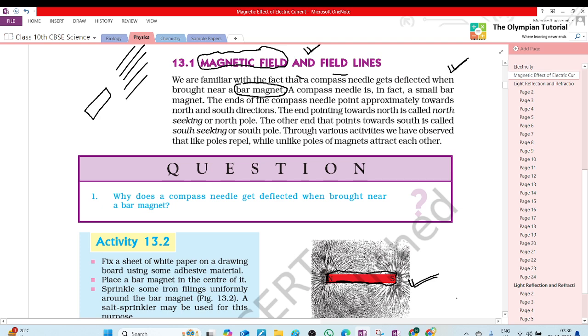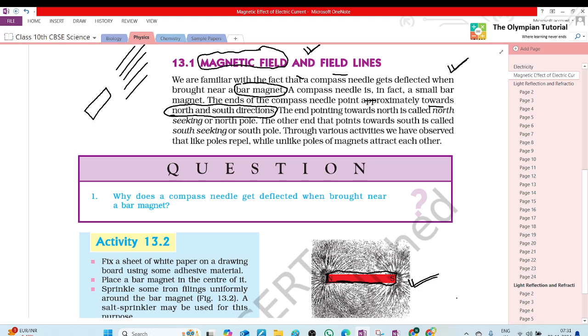So a compass needle also acts as a small bar magnet. The ends of the compass needle point approximately towards the north-south direction. Why always in the north-south direction?